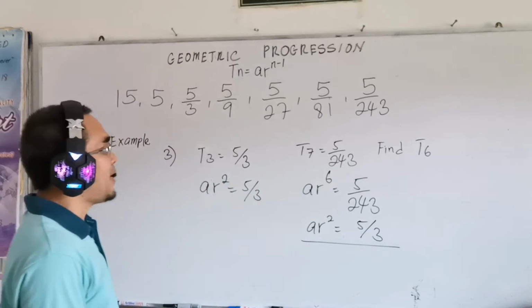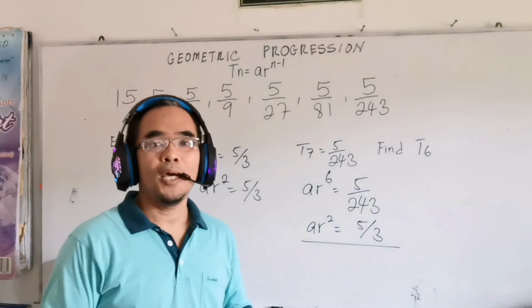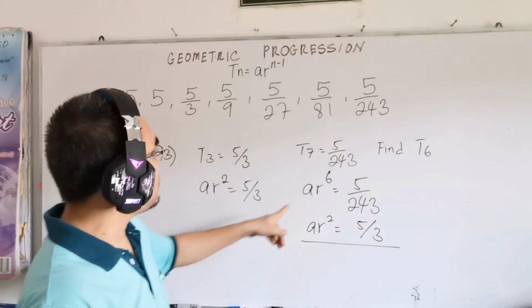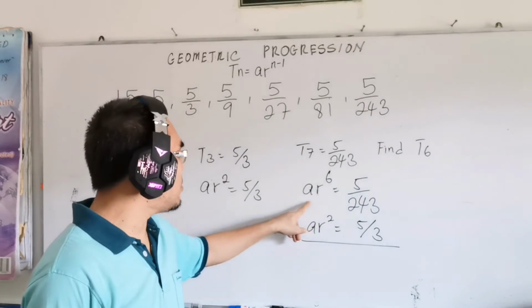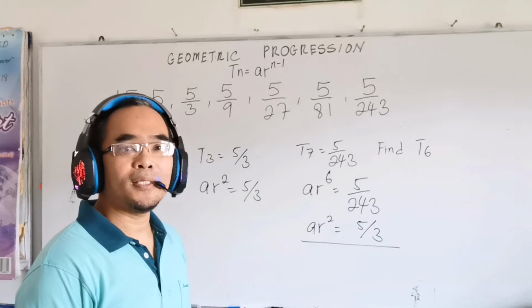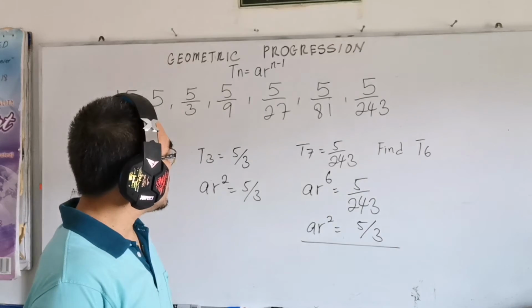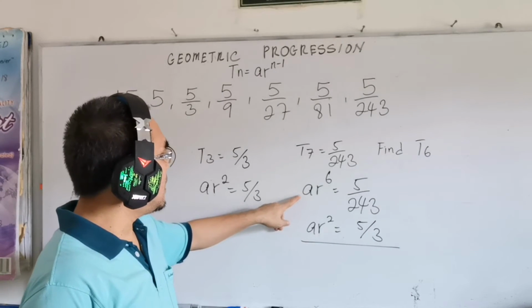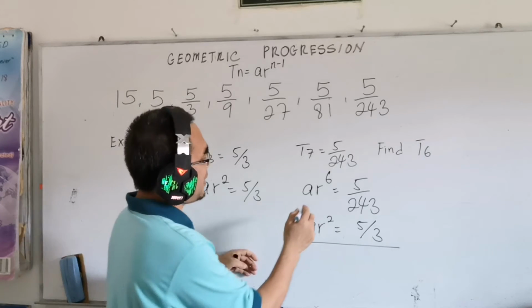And you have to divide instead of plus or minus as what you usually do, because this is A times R power 6, this is A times R power 2, so you cannot subtract. So what you have to do, you divide.